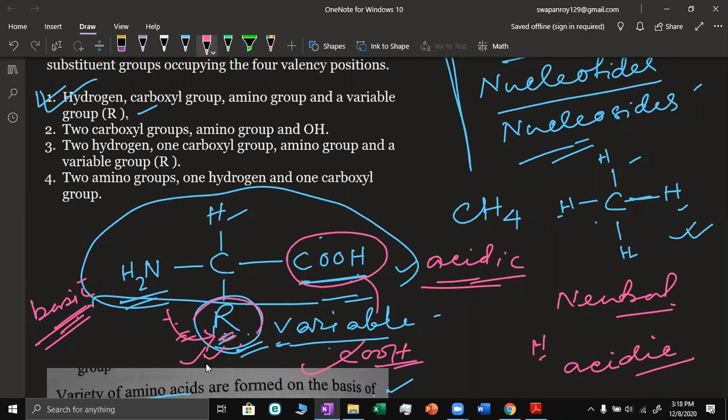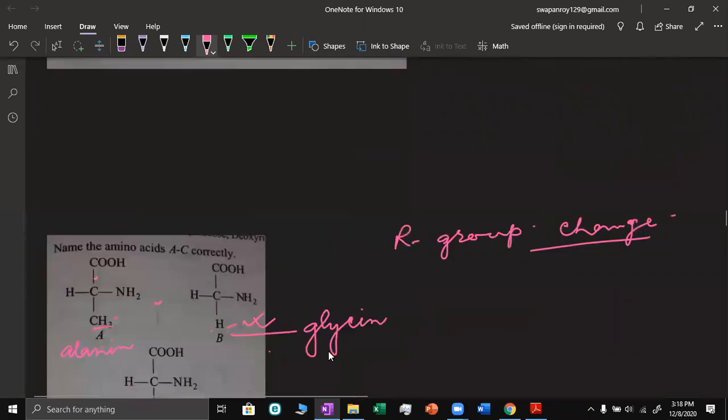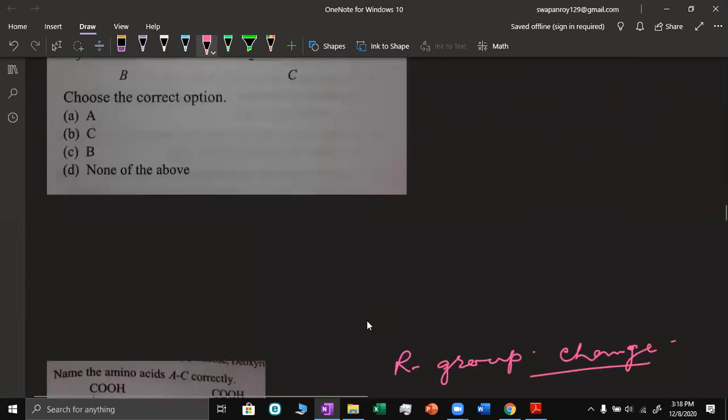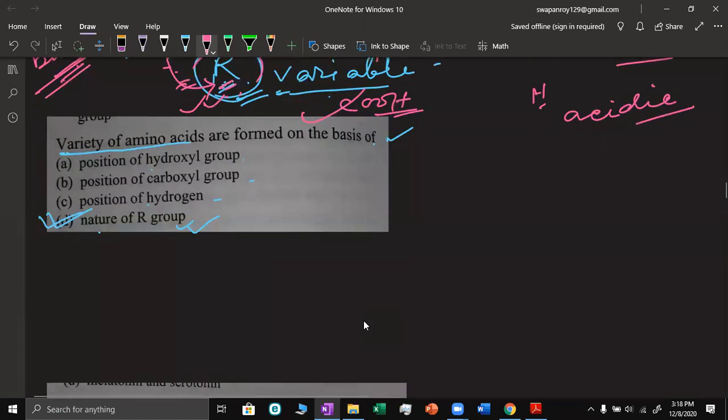So there are acidic, basic and neutral amino acids, as I told initially. Just now we have seen that here this one is replaced by hydrogen. So glycine will be neutral.